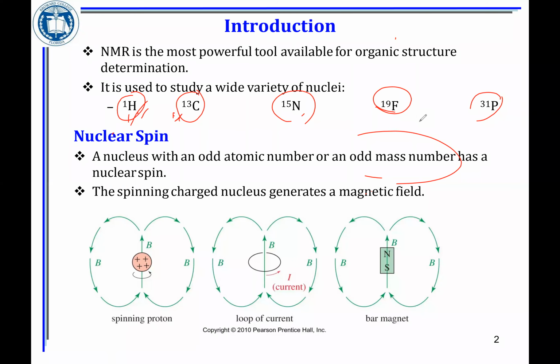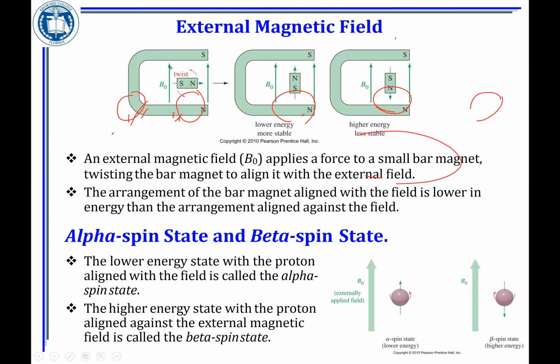If you have a nucleus with an odd atomic number or odd mass number, it can have nuclear spin. As the charged nucleus spins, it can create a magnetic field. That magnetic field can then be placed in an external magnetic field.